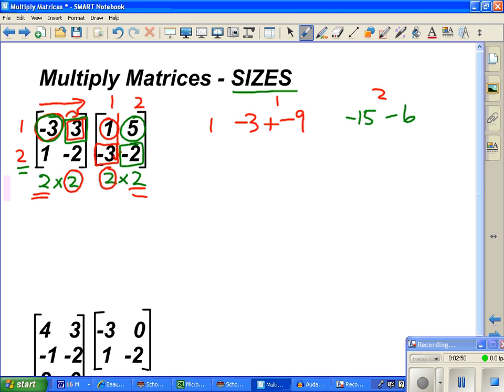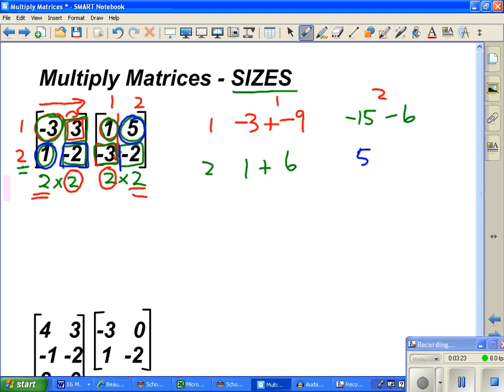Now I've got to do it all again with the second row. Okay, 1 times 1 is 1. I'm in the second row, first column. And now -2 times -3. That's a +6. Okay, and now last one, I'll do it in blue here so we can keep things straight. Across the row again, so 1 times 5 is 5.